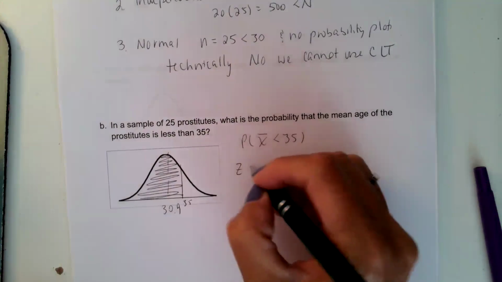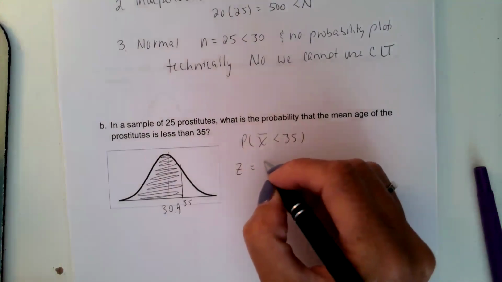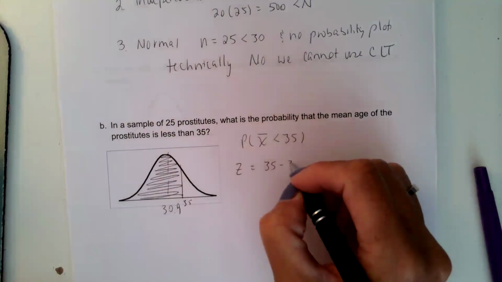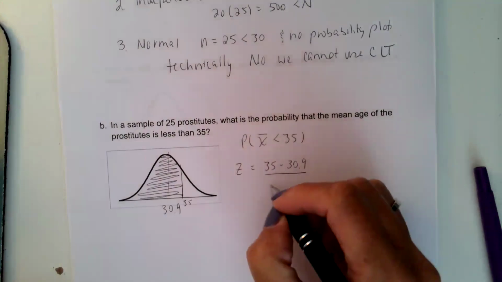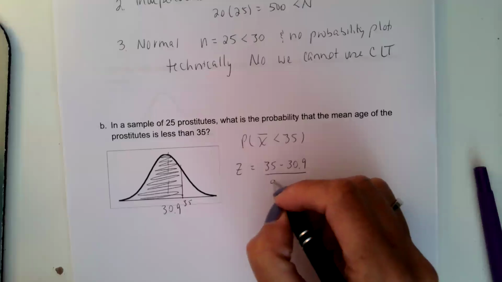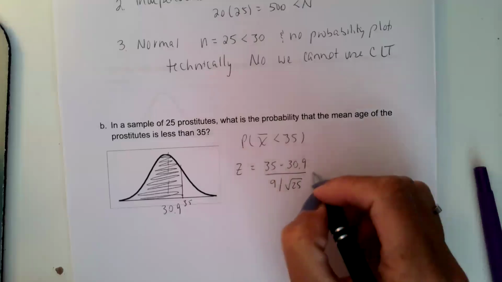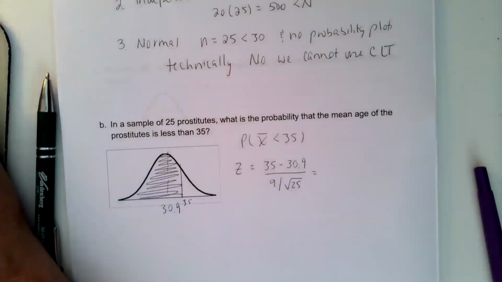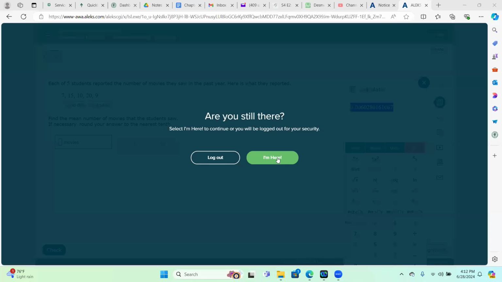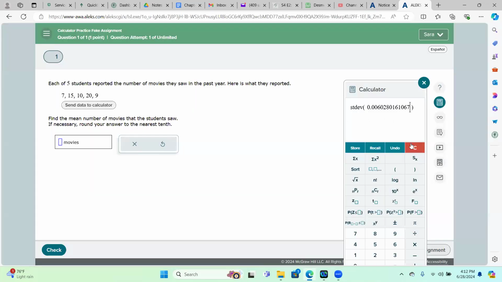We need to normalize that by finding the z-score. So that's going to be 35 minus 30.9 over the standard deviation of 9 divided by the square root of 25. We know the square root of 25 is 5, but I'm just going to put it here so I can see the formula.